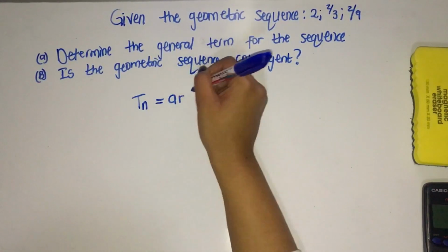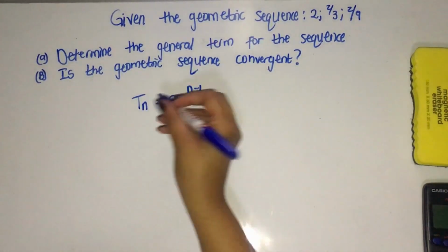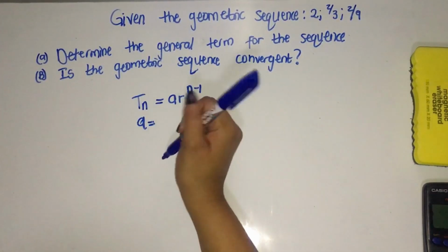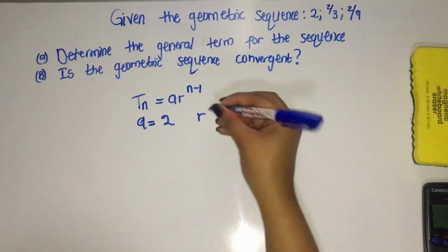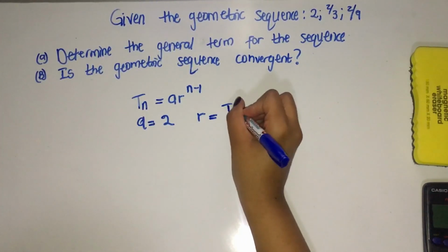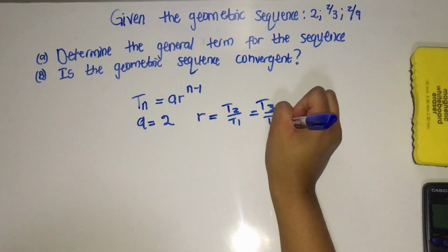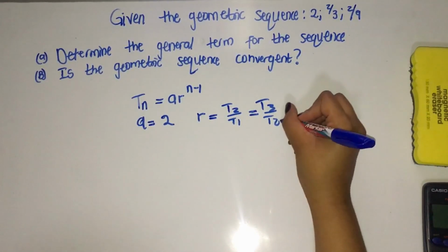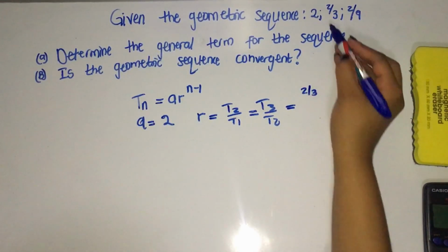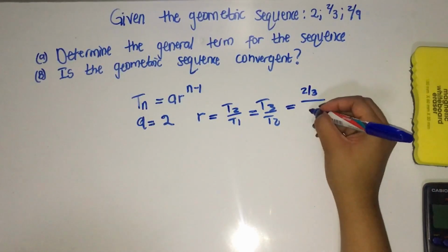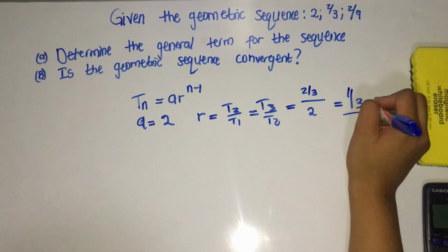Tn is equal to A R to the power n minus 1, which you have in your textbooks, where A is your first term, in this case 2, and your common ratio, which is the same as T2 over T1, is equal to T3 over T2, and in this case is 2 over 3 all divided by 2, which will give you 1 over 3.